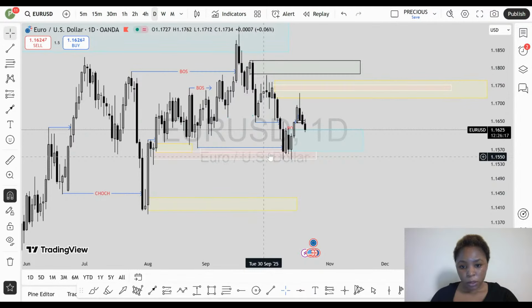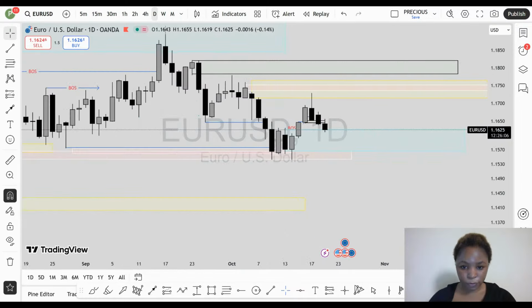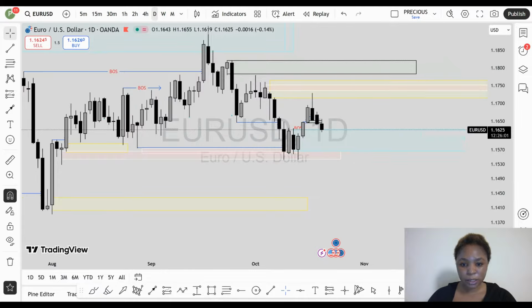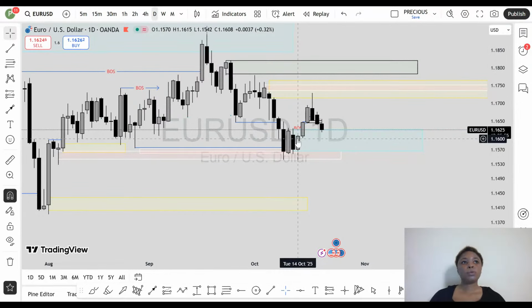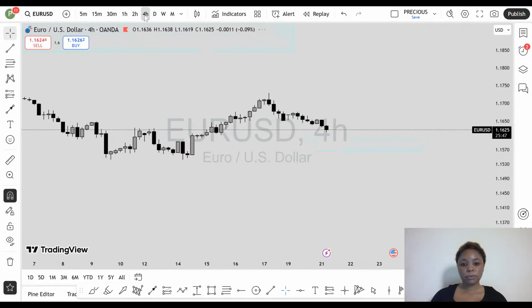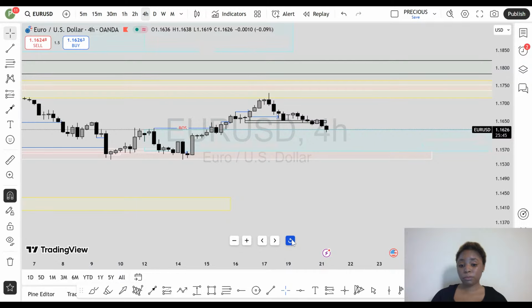This is the daily time frame, and we have a break of structure upward here. You can see we have a break of structure here on the lower time frame, and so that means we have a demand. So this is a demand level, and we have an order block. We use the higher time frame for directional bias, and we go to the lower time frame for entry. The 4-hour too is also part of the higher time frame.